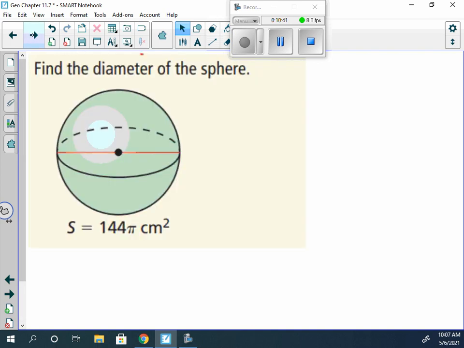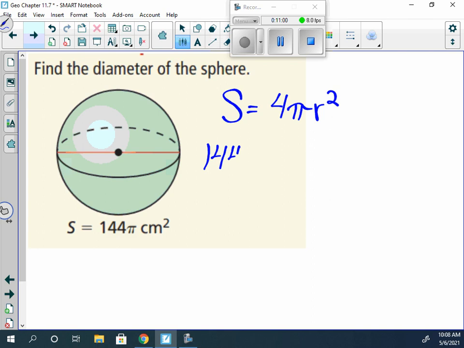Let's look at another one. This time they told us that the surface area of this sphere is 144 pi centimeters squared. So again, we're still using the fact that surface area is equal to 4 pi r squared. We can fill in what we know.